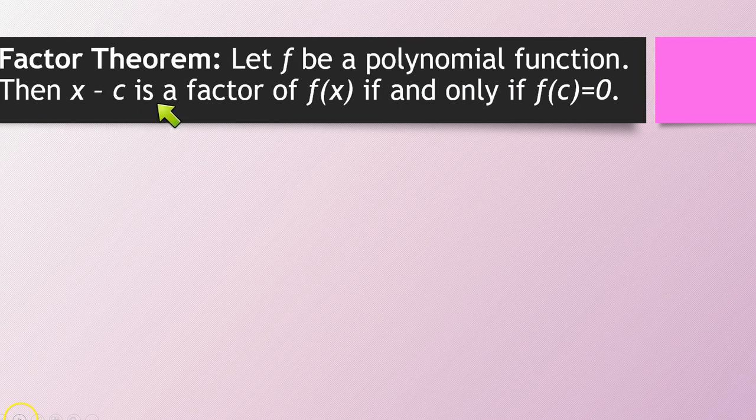Then x minus c is a factor of f of x if and only if f of c is 0. So going back to that last example, when we test the actual root that would be related to that factor, if we get 0 at that specific root, then that factor is indeed a factor of the polynomial, and that point is an x-intercept.